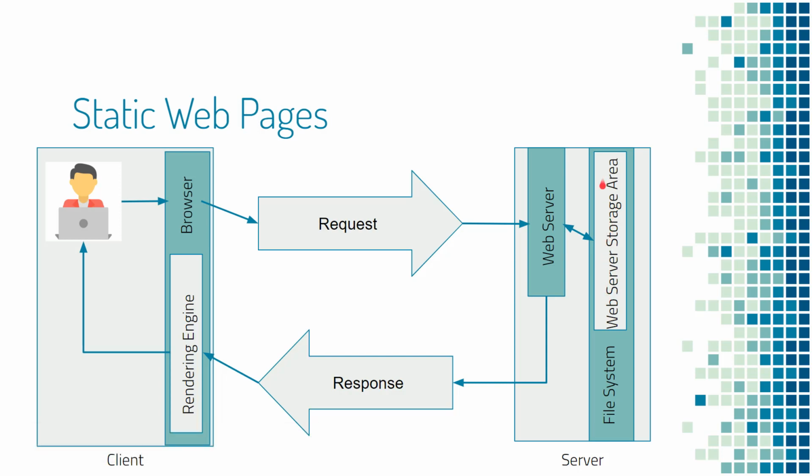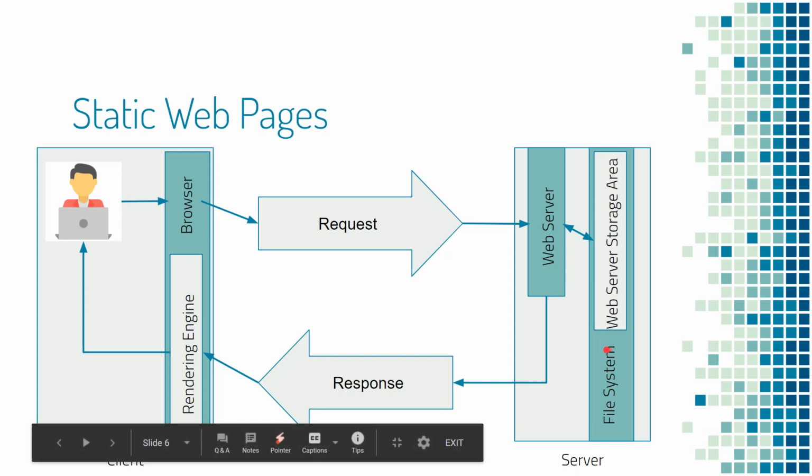Usually, you will have just an isolated storage area to store all the files. So if you are trying to access, let's say, the file index.html, the web server is going to look for it in this designated storage area only. It's not going to search for it anywhere in the file system.